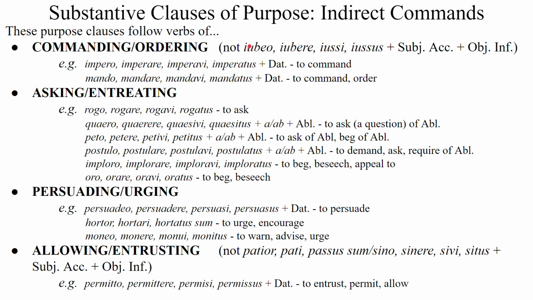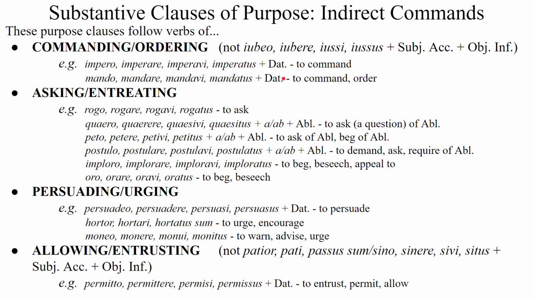Caesar will often use iubeo and impero and mando and so on, because he gives a lot of commands. He often uses them in the same chapter, in the same paragraph, often one sentence right after the other, somewhat interchangeably. And he always uses iubeo with the subject accusative, objective infinitive. Impero takes the dative, and ut or ne plus an indirect command.